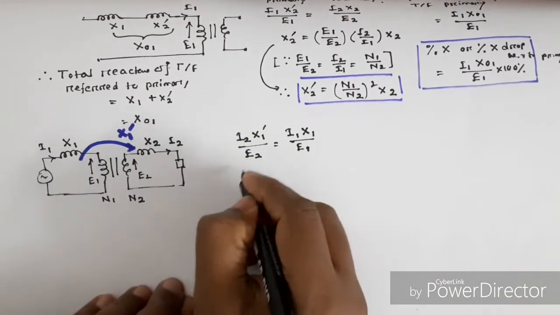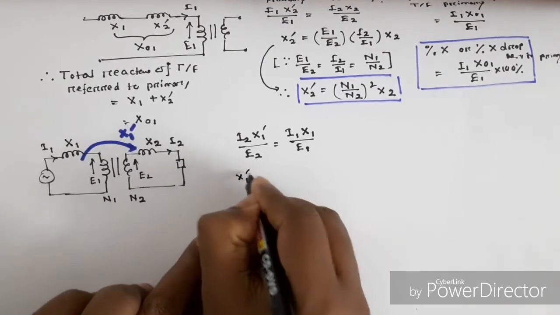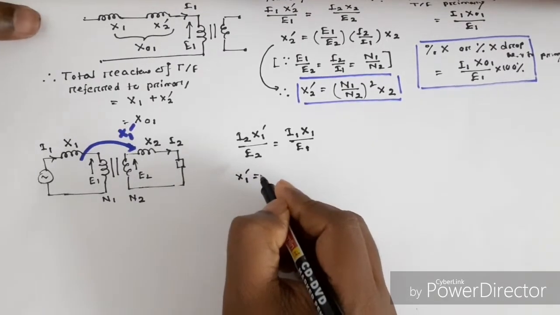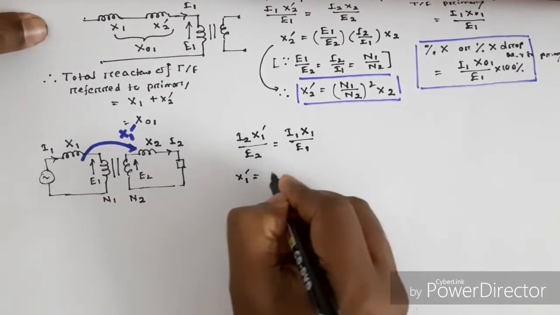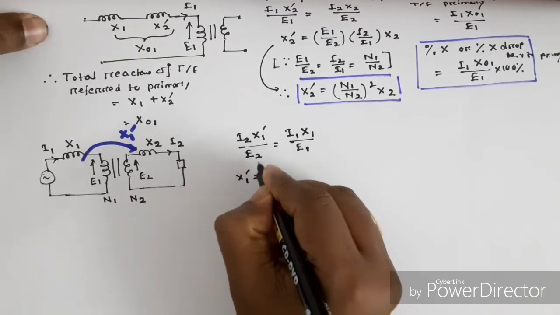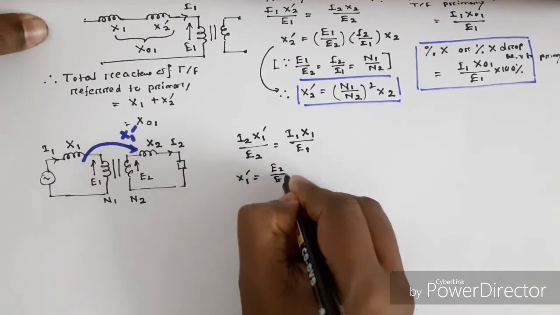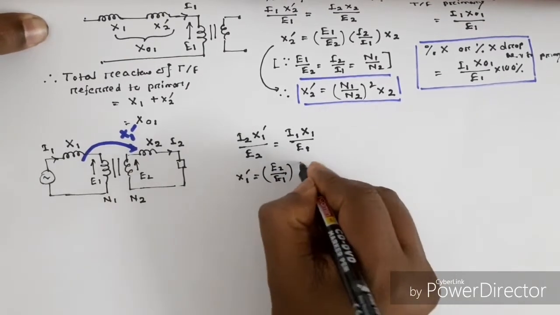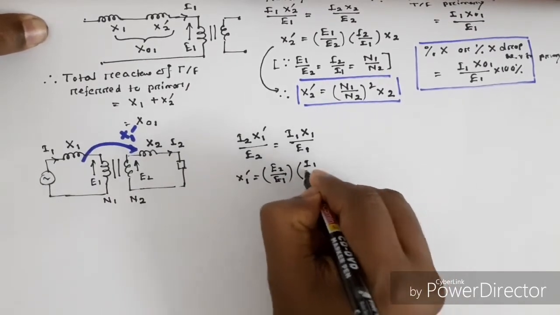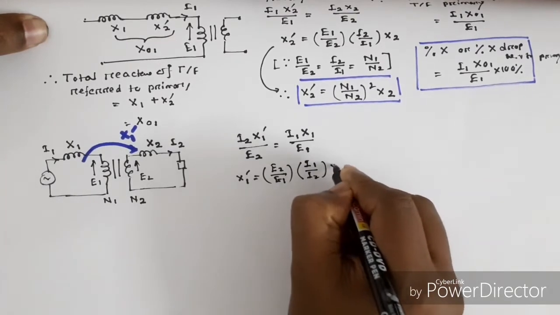We can write down X1 dash equal to E2 by E1 into I1 by I2 into X1.